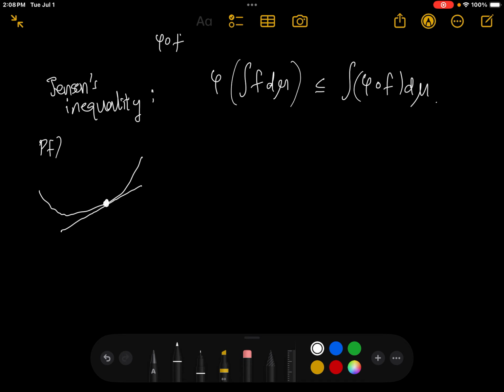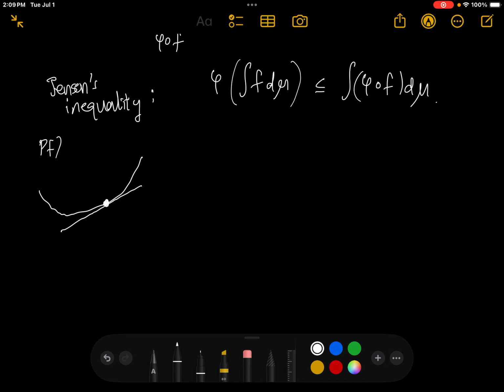Intuitively, what's going on is they have the same derivative at the intersection point, but since your function is concave up, the slope is increasing, and so it's going to be above the line.